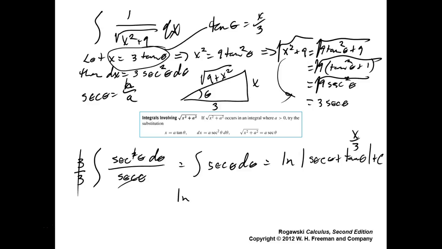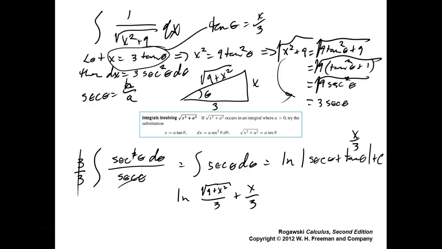So that would be the square root of 9 plus x squared over 3, plus x over 3. And I don't know if there's anything in the problem that says x has to be positive, but I've got to find it first.